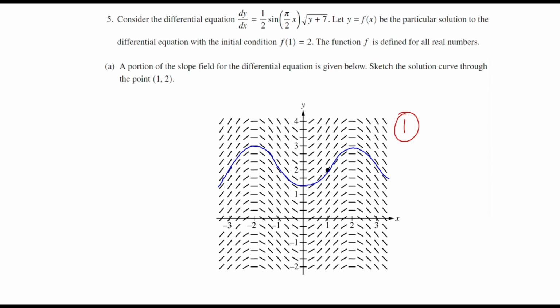You just got to make sure that you get pretty much to the left and the right hand ends of the slope field, and that you don't do something ridiculous. Just generally follow what those slopes look like, and you'll be fine. Right? So there's part A, 1 point for part A.